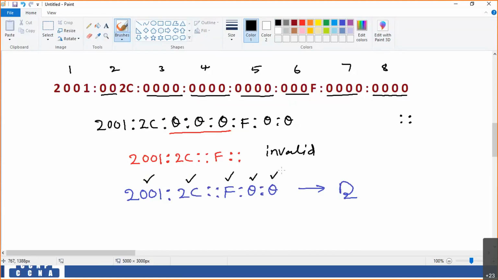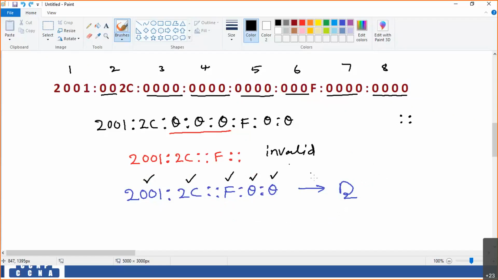How many are missing? 3. Then your PC will automatically understand that wherever the double colon is, there are 3 fields of zeros. So this is a valid IPv6 address.